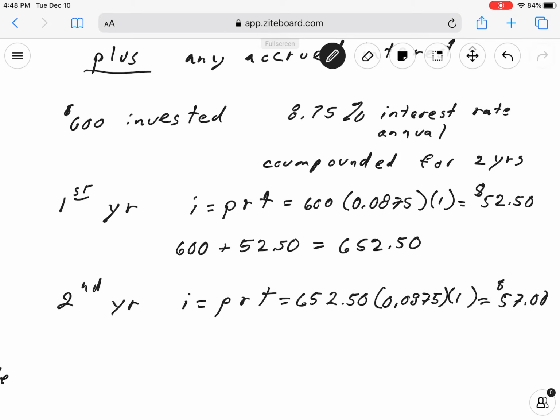So I earn another $4.50 on the $52.50 that I left in there. And so now I get to add that together. So I have the $652.50 that I had at the beginning of the year plus 57, and that is going to be $709.50. Okay.